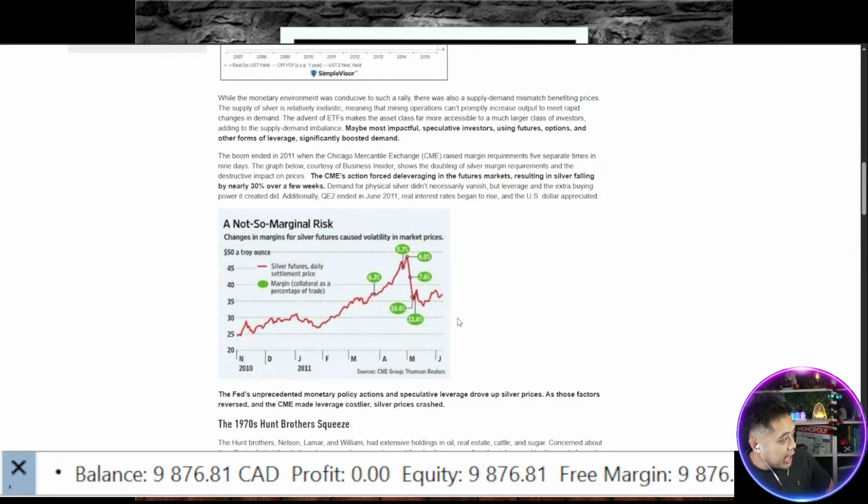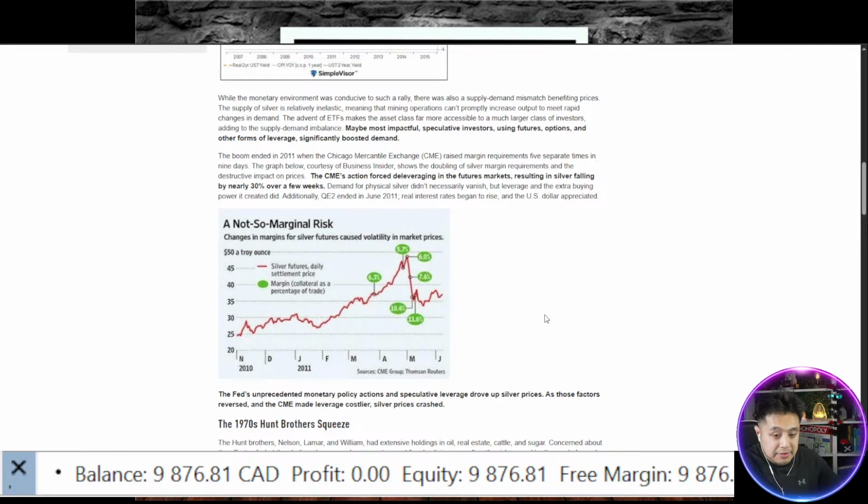So what happened here with the silver, with the Hunt brothers, is that they leveraged up to $1 billion of silver contracts, right? And they were in the green. But CME, they see all these trades, they see all the open contracts, and they decided to say, you know what, we're going to ask you to add another 10%, if I remember, 10% more capital requirements.